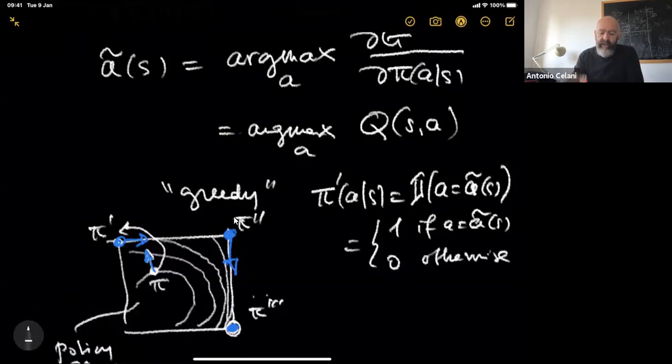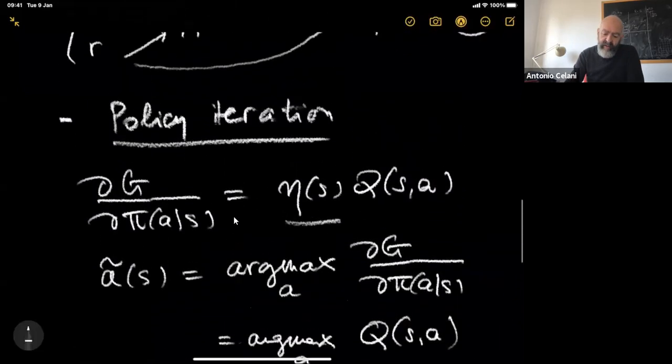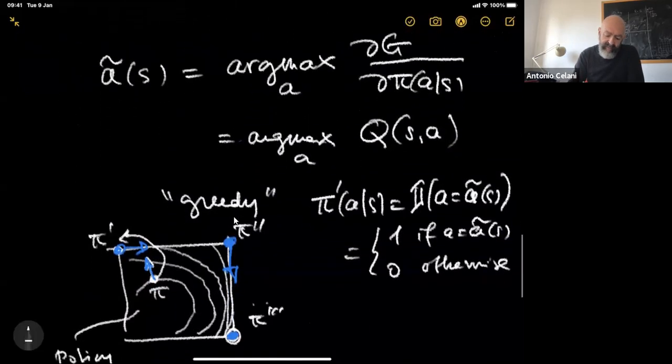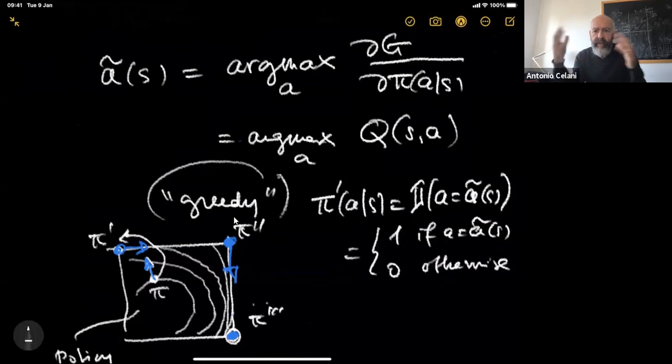This greedy optimization sends me straight into the corners of my policy space. Remember, in general, the policy space is not a square. It's a more complicated object, but it has corners, and these corners correspond to the deterministic policies, all those that are made of a single one for one action and all zeros.